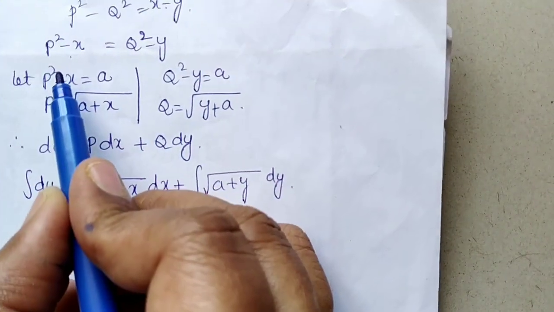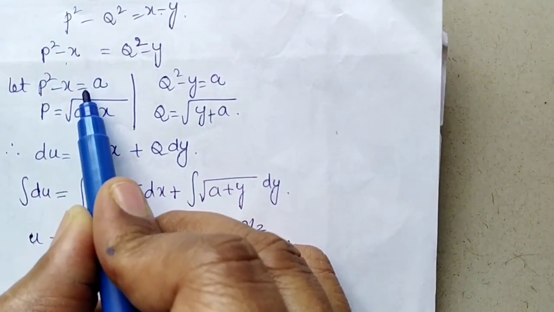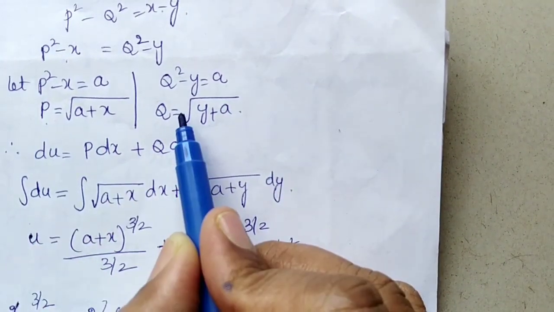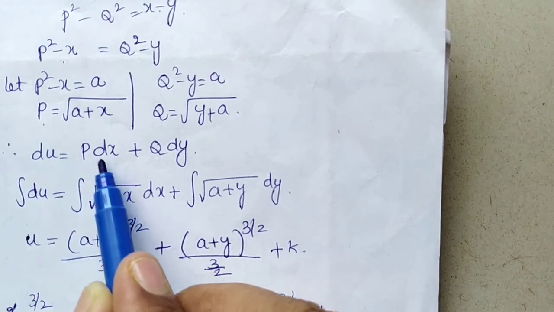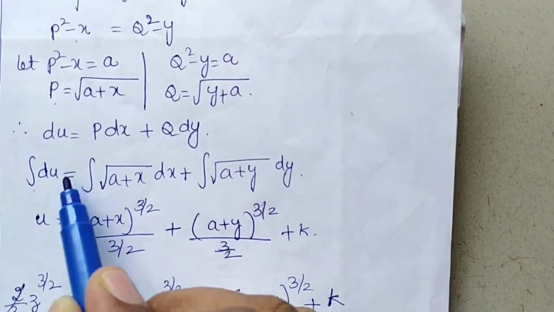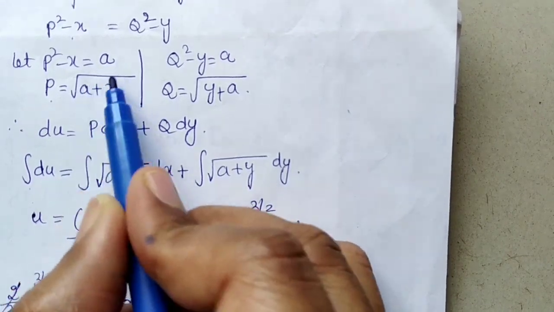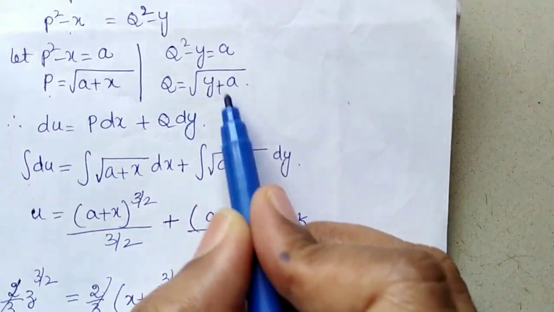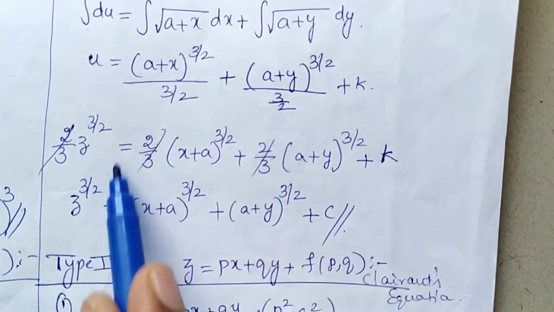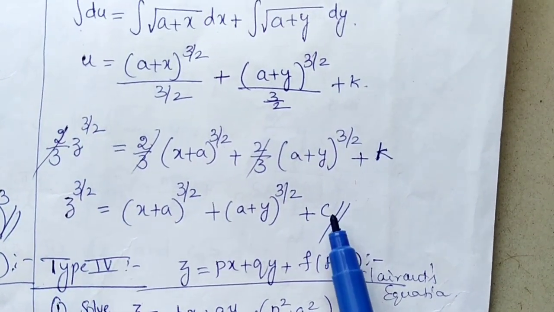The procedure is to equate this one to a and this also to a, and find p comma q. Therefore du equals, the formula is p dx plus q dy. So integrate it. Integrate du equals integral of p, this value, into dx plus q, this value, into dy, and integrate it. For u, we already assumed, you substitute. This is the required solution.